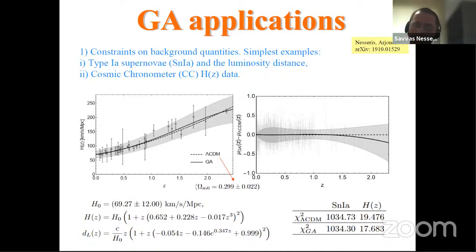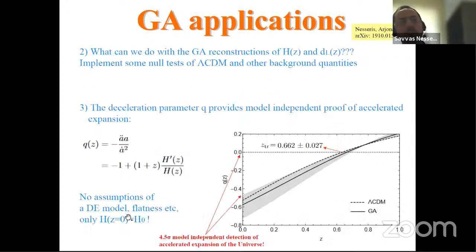So what do we do if we have a function? For example, if I give you a smooth and analytic function of the Hubble parameter, I can just take derivatives, and I could calculate, for example, the deceleration parameter. If you do this exercise, then you can plot the deceleration parameter as a function of redshift. It's just one derivative, the first derivative.